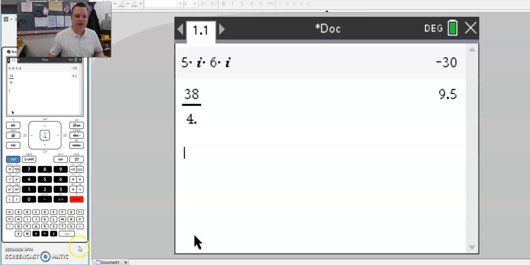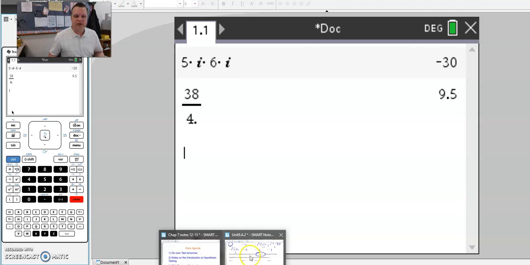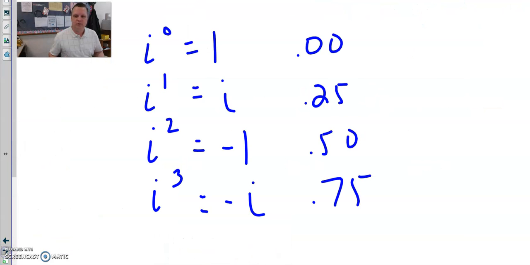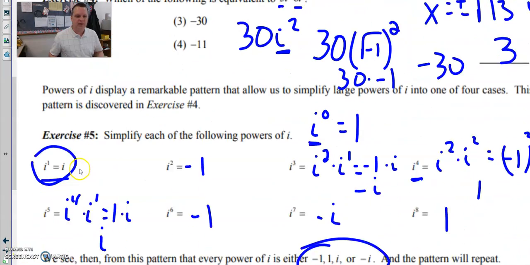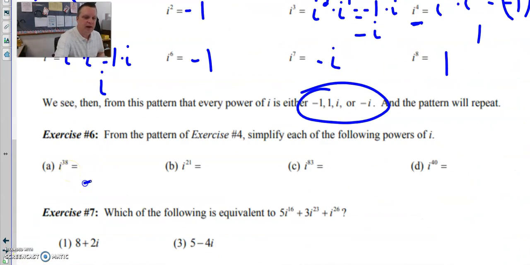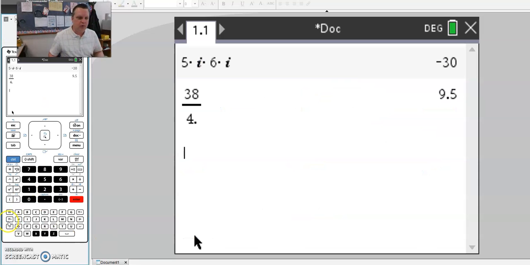I'm worried about the 0.50. And 0.50 is -1. So that means that I to the 38 is -1. And if we put it in, I to the 38, -1.